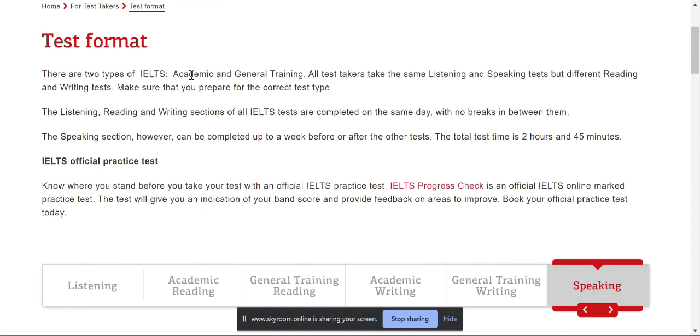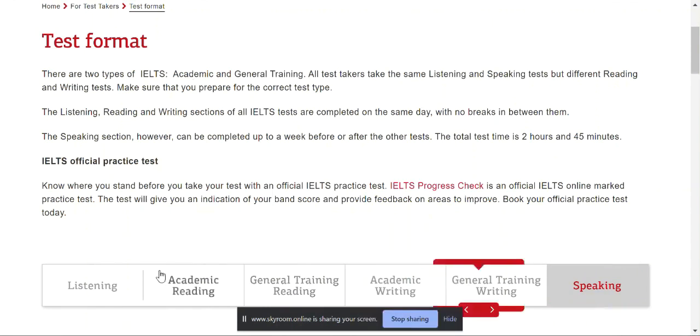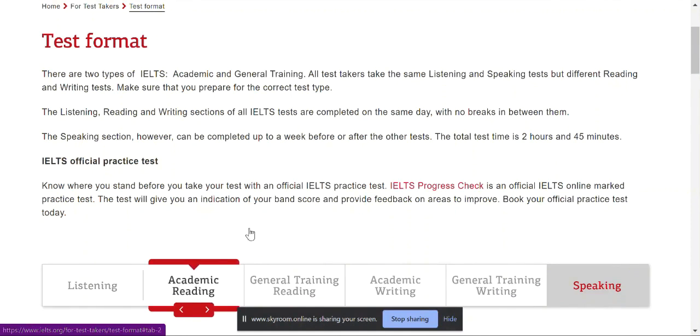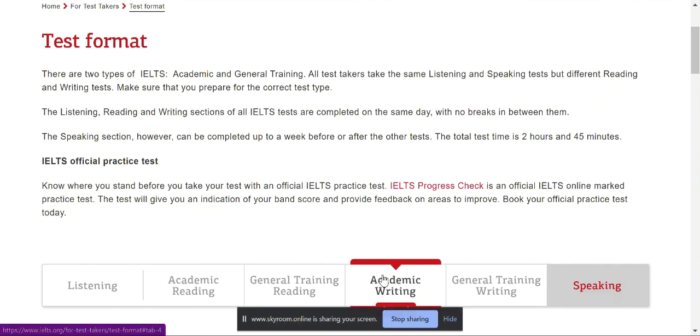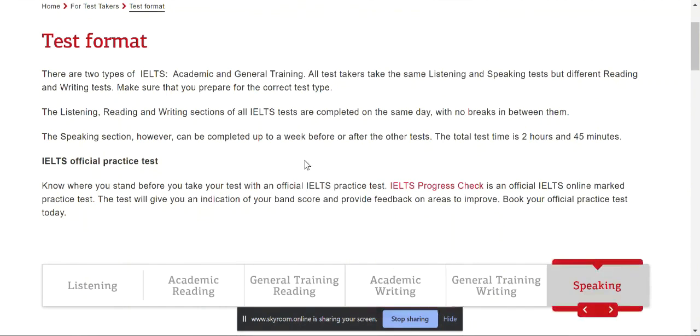But especially for the writing section, because in listening and reading you have less to write, but in writing you really have to write. If your handwriting needs help, try to practice it, try to improve it.